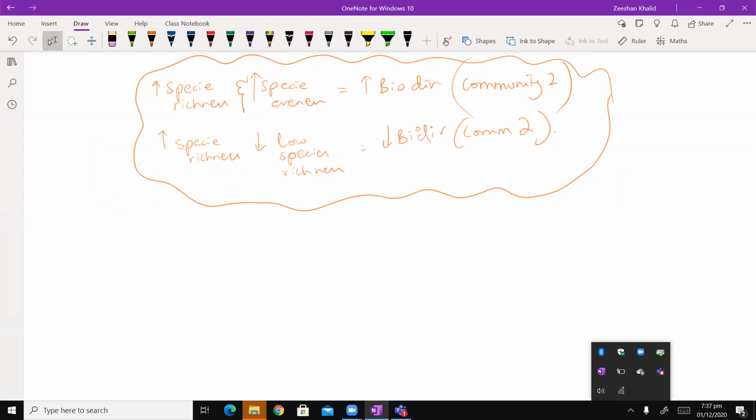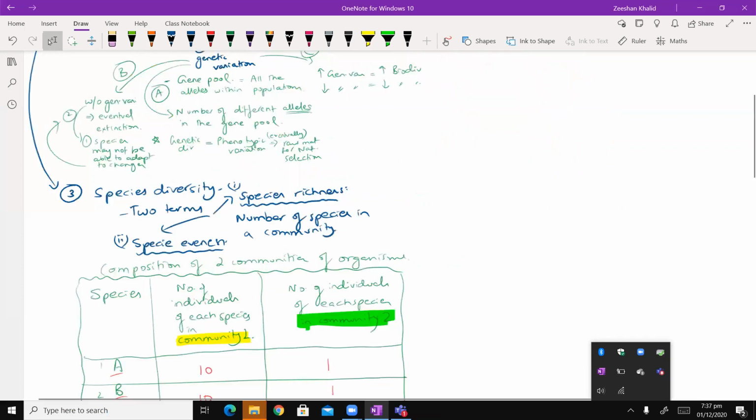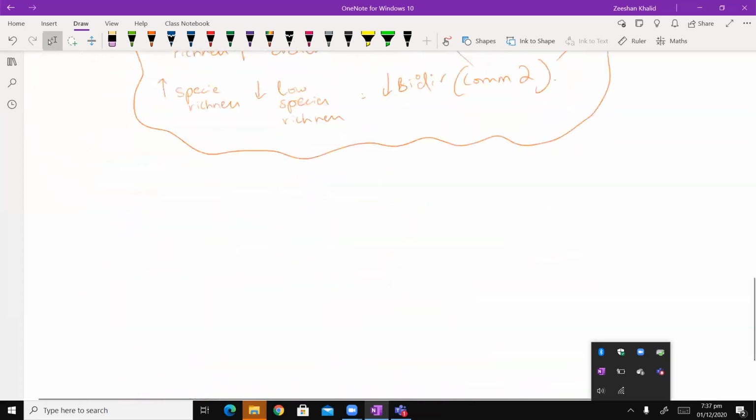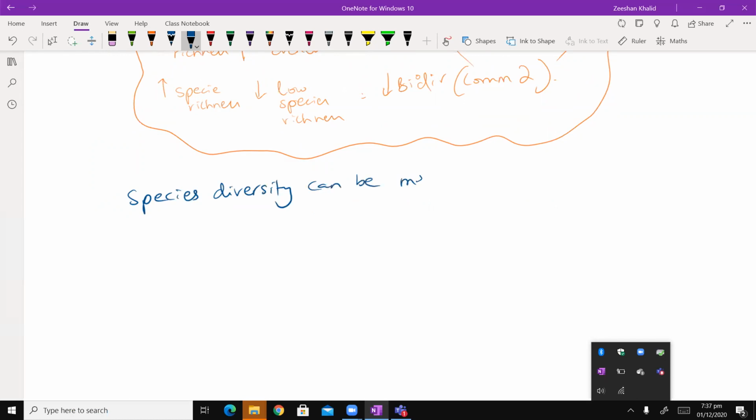Species diversity, and this is an extension of this third point, can be measured using the following, which is known as Simpson's index of biodiversity.